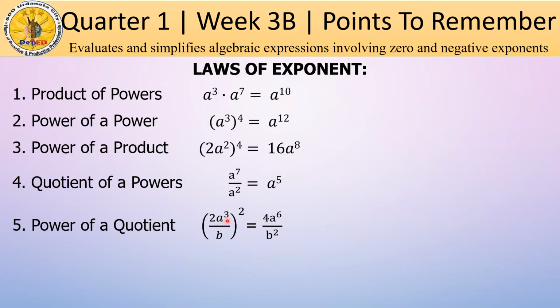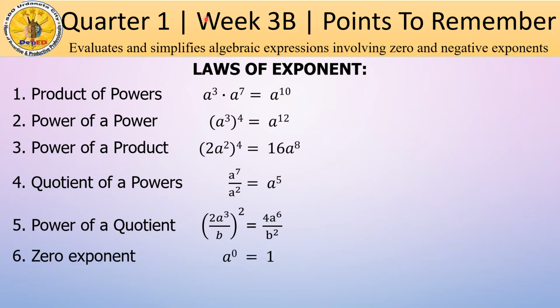A to the third power, we're going to multiply the exponents. So we have 3 times 2, a raised to the 6th power. And b times 2, we have b raised to the second power. Final answer, 4a raised to the 6th over b raised to the second power.